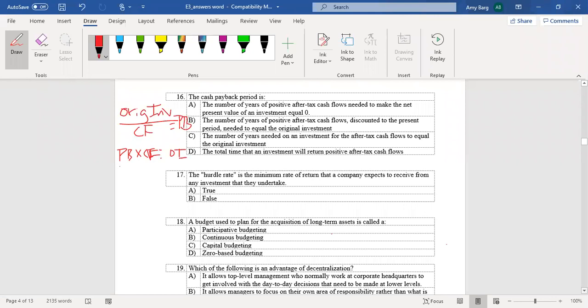So the number of years needed on an investment for the after-tax cash flows to equal the original investment is C. The number of years of positive after-tax cash flows needed to make the net present value. Now, the payback period, the way that we talk about it, doesn't have anything to do with the present value.